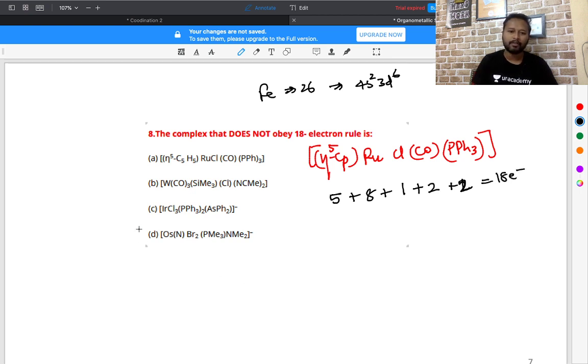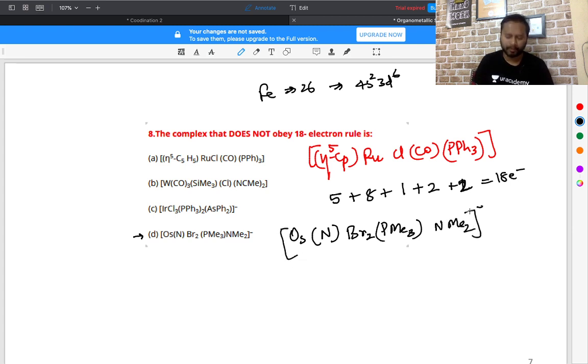Just look at option D over here. Osmium is given. Then you have N, nitrogen, Br2, PMe3, and then you have NMe2 minus. This is what is given to you.